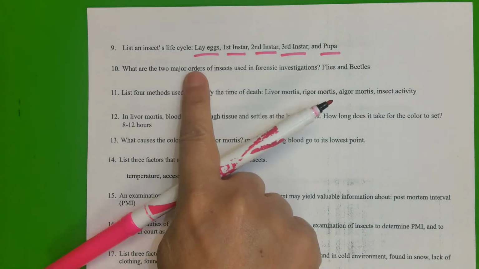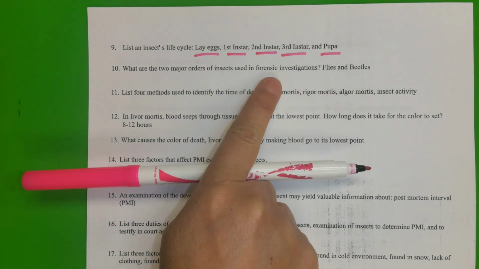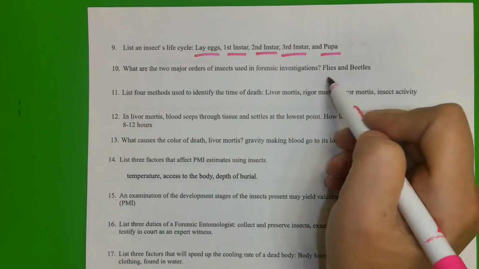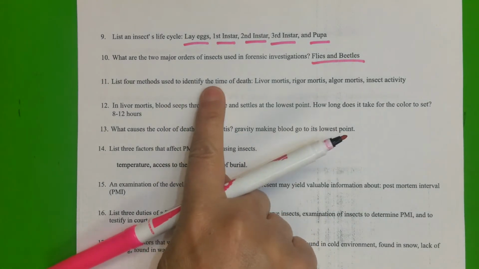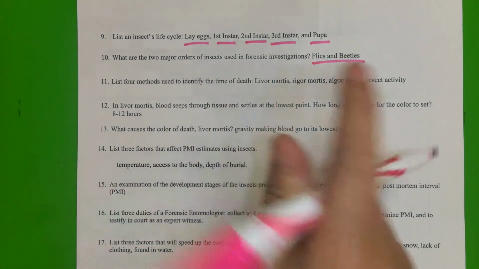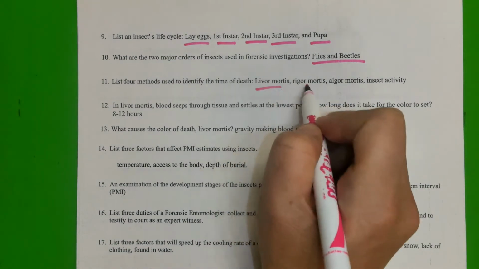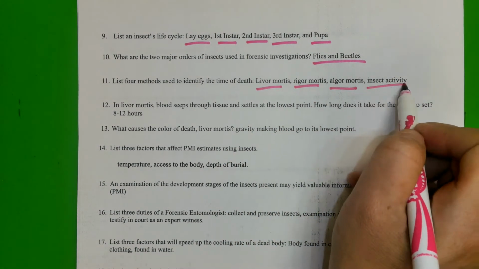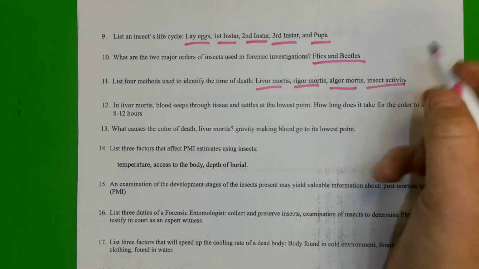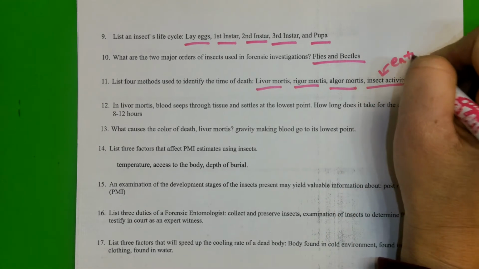What are the two major orders of insects used in forensic investigations? The flies and the beetles. List four methods used to identify the time of death: livor mortis, rigor mortis, algor mortis, and insect activity, which is entomology.